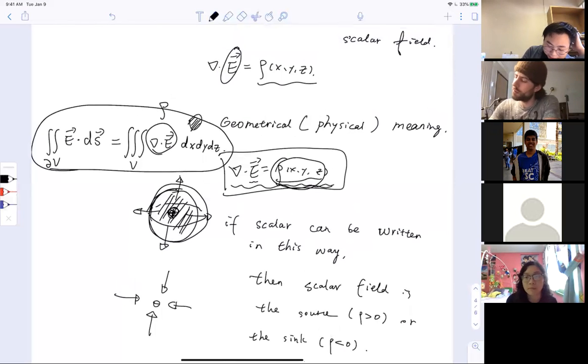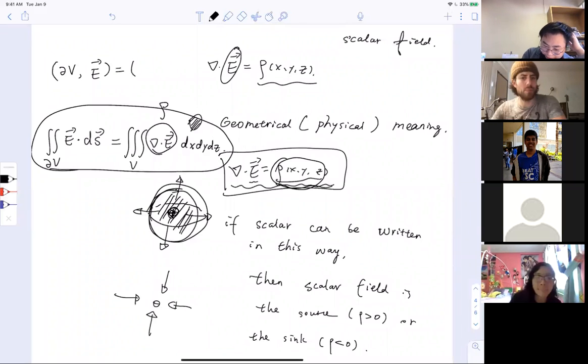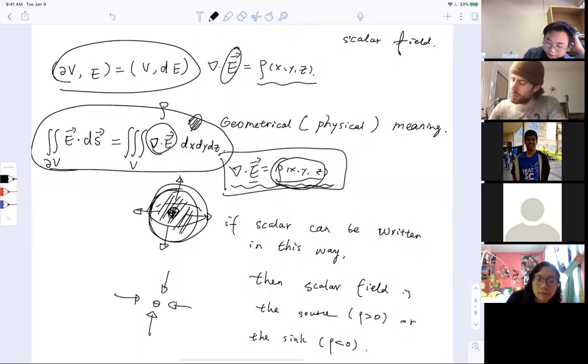So you can write this equation as the integral over partial V of E equal to the integral over V of dE, and I write this del as d because this is a differential operator, right? You can say that this equation moves the partial from the volume side to the vector field side.